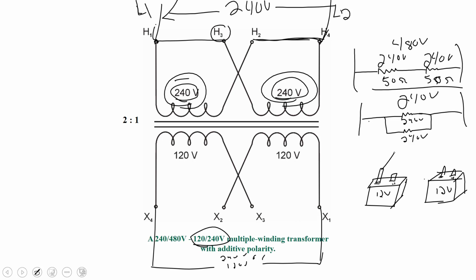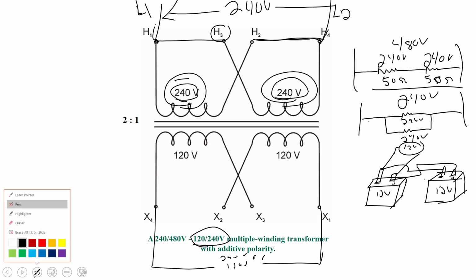So there's negative, positive. So I'm going to jumper the negative over to the negative and the positive, really crude, over to the positive. I would get 12 volts, right? But I'd have double the current capacity.